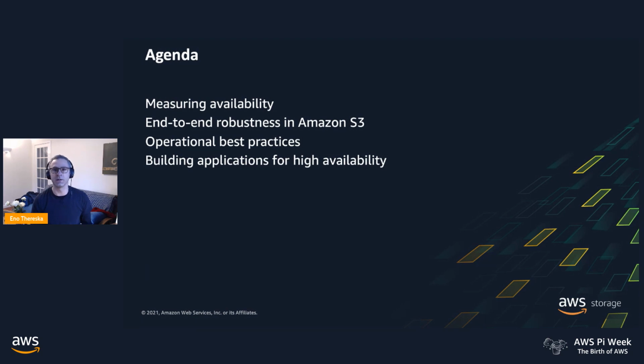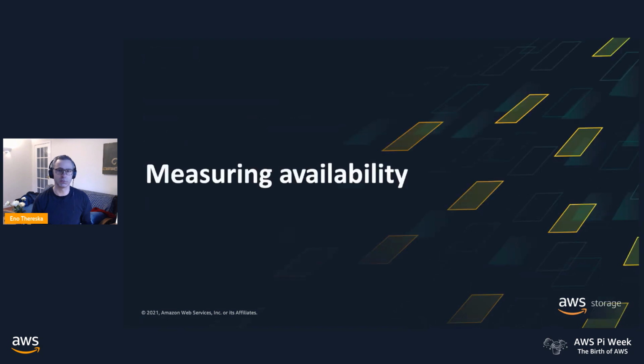These include things like continuous deployment, cell-based architectures, and also a culture that encourages deep root cause analysis whenever something goes wrong. Finally, we're going to take some of these techniques and see how we can build an application for high availability. Let's start with measurements.